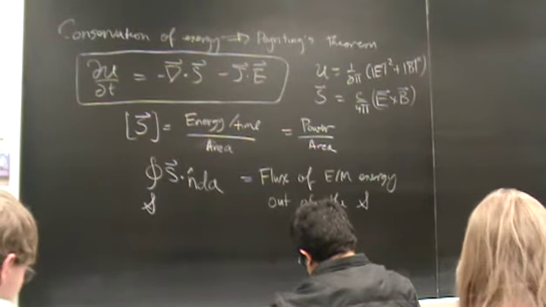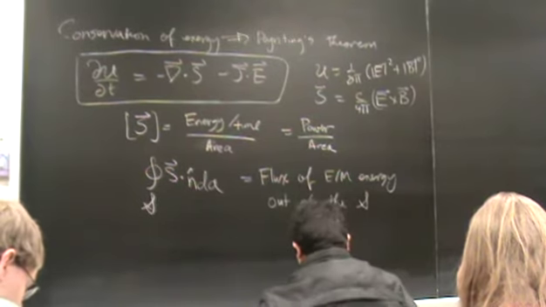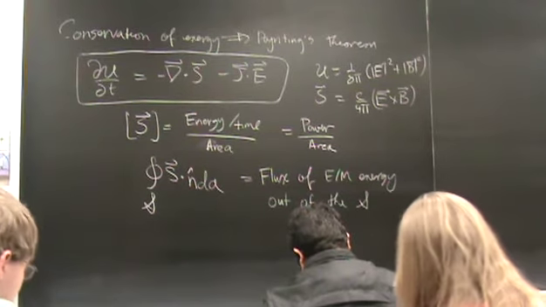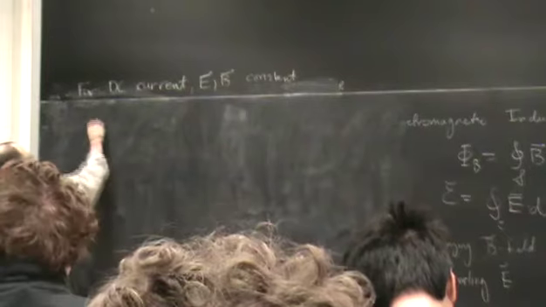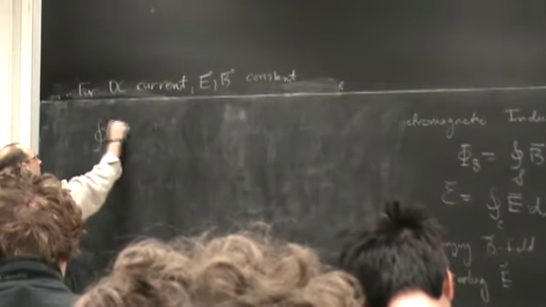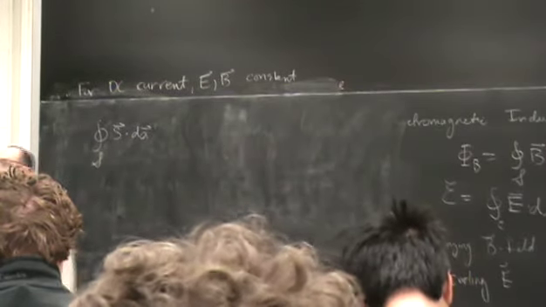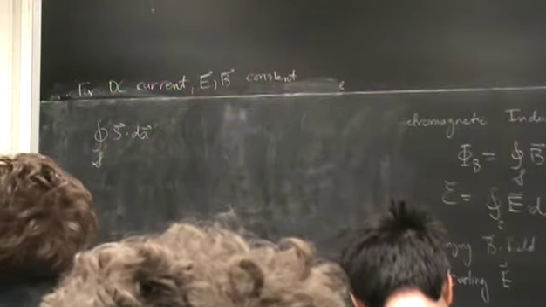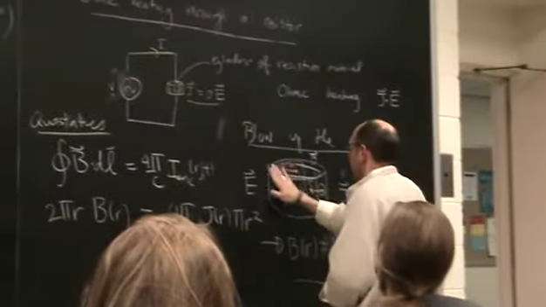All right, so I'm going to remind myself where I am. These notes. Here we are. So let's look at the flux of the Poynting vector through a closed surface, which is at, oh, I'm sorry, let me redraw this.